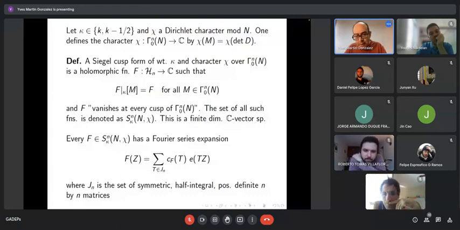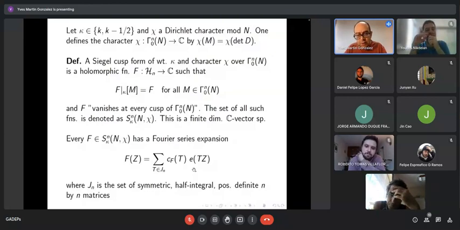The e of a matrix X means e to the 2 pi i trace of X. So this is just short notation for that exponential function. And these c f of T are just coefficients. And T is the index of these coefficients and runs on the set of symmetric, half integral, positive definite n by n matrices.